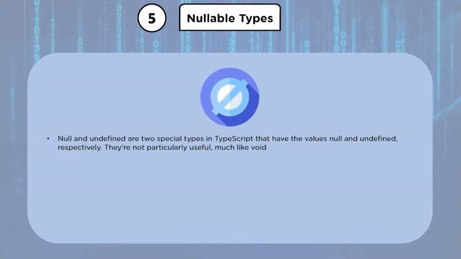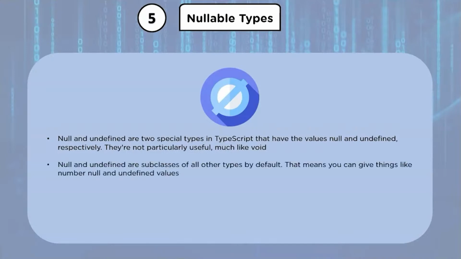Null and undefined are two special types in TypeScript that have the values null and undefined respectively. They are not particularly useful, much like void. Null and undefined are subtypes of all other types by default. That means you can assign null and undefined values to things like number.